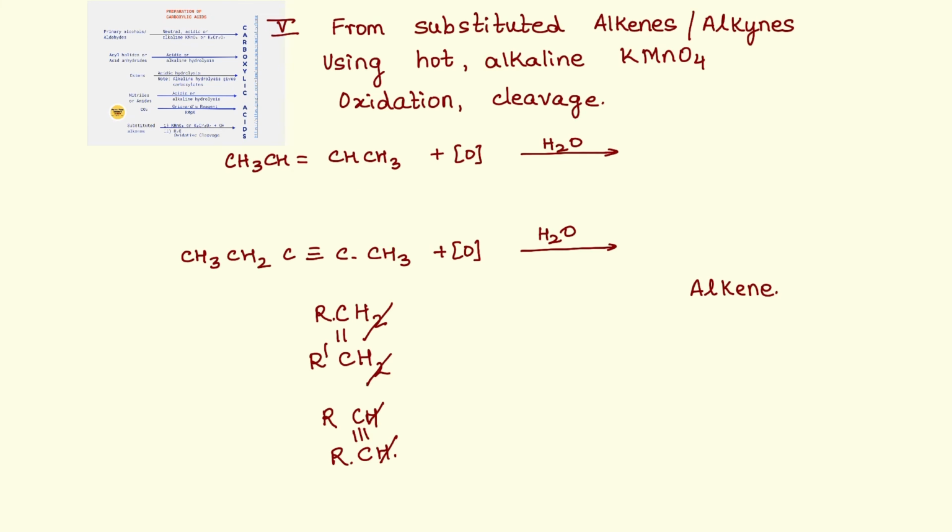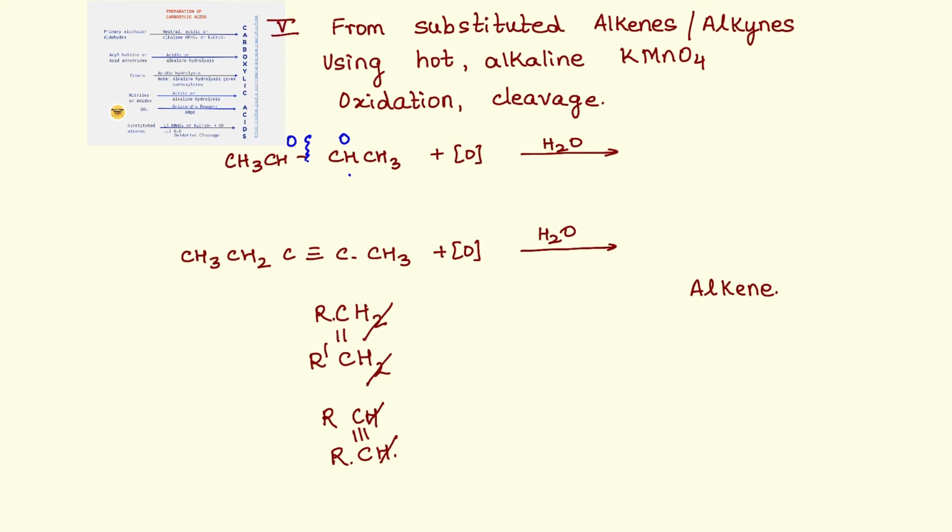So where is it going to break from? It is going to break from here, and there is oxygen, and then there is hydrolysis. So we are going to put the OH and the OH. There's hydrolysis, right? I will try to keep it simple.